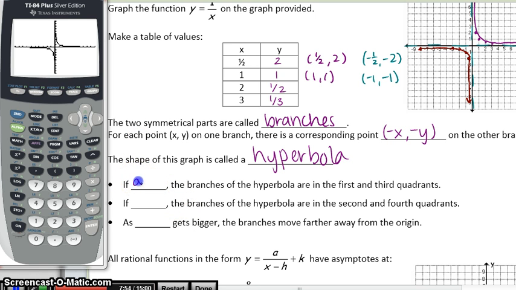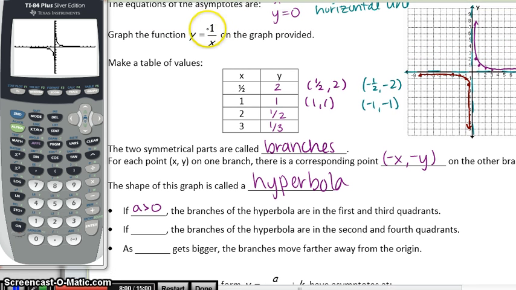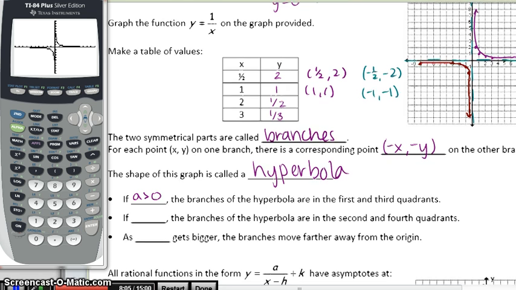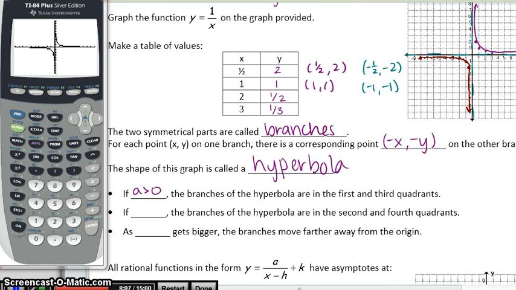If our a value is greater than 0, so just the number that is on top here, that would be our a value. If a is greater than 0, the branches of the hyperbola are in the first and third quadrants. Now, if a is less than 0, the branches of the hyperbola are in the second and fourth quadrants. And as the absolute value of a gets bigger, the branches move farther away from the origin.